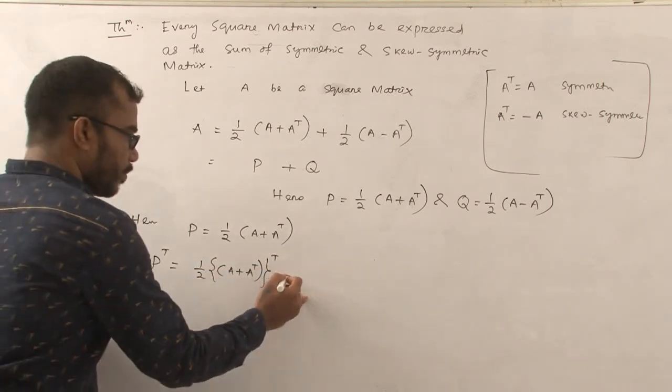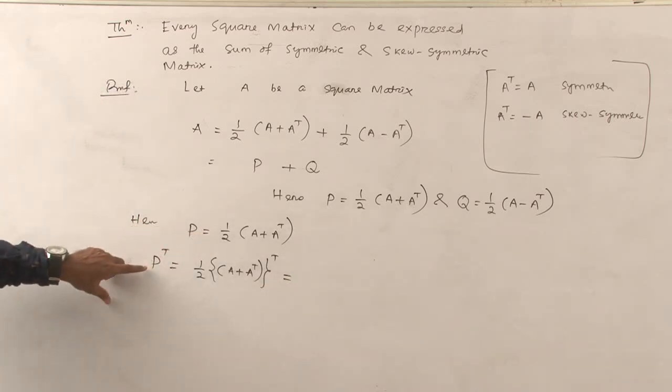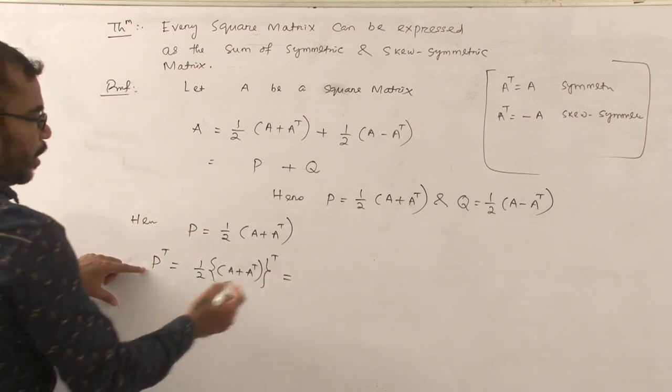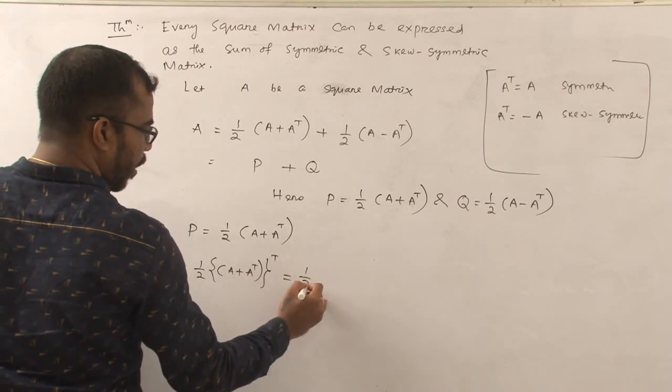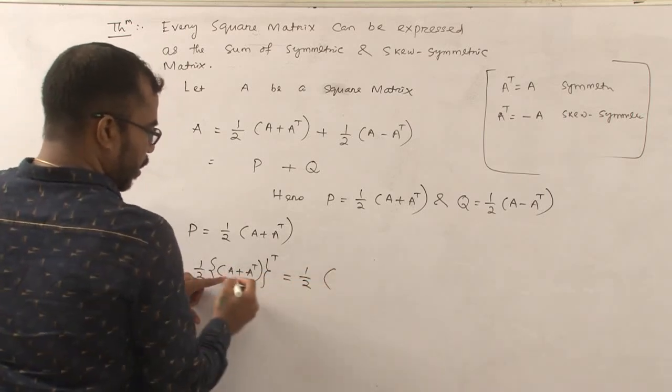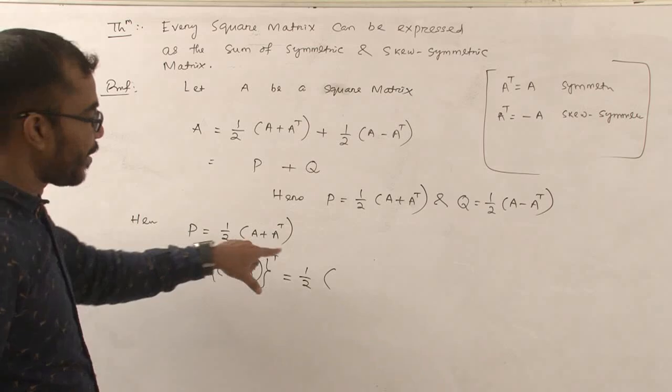Now we get half of A plus A transpose of transpose.